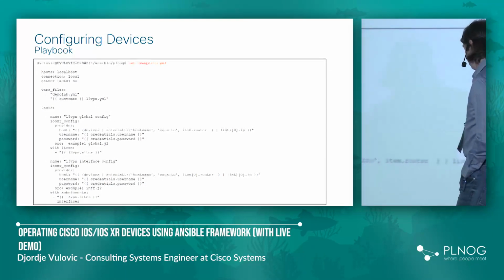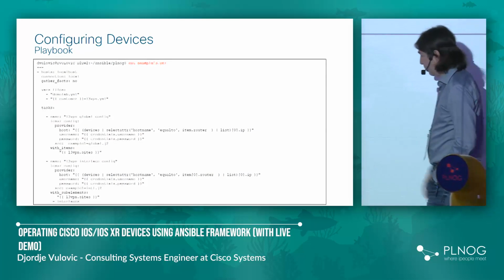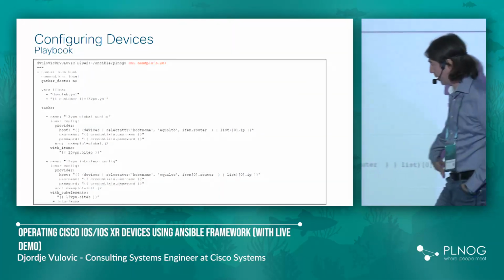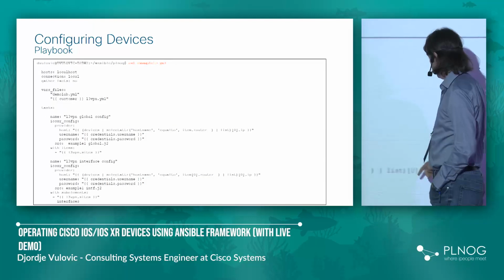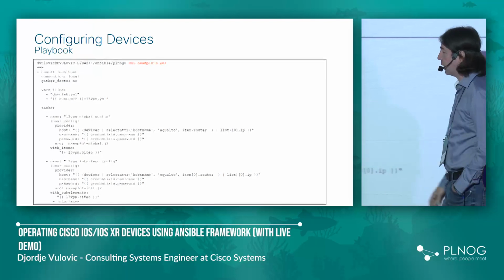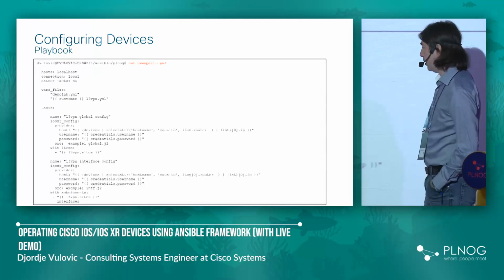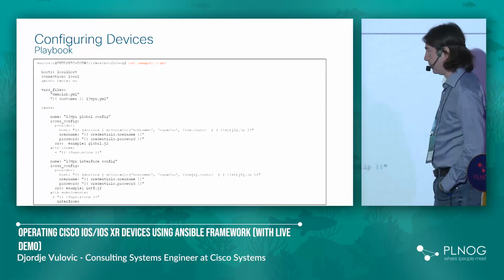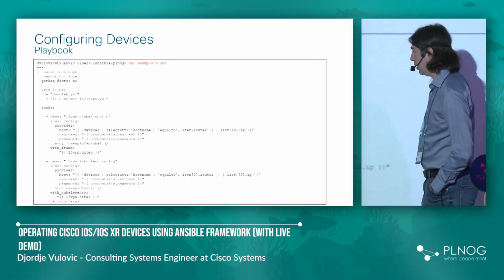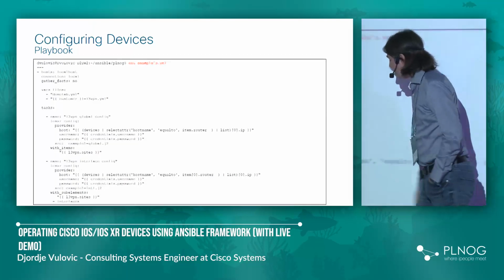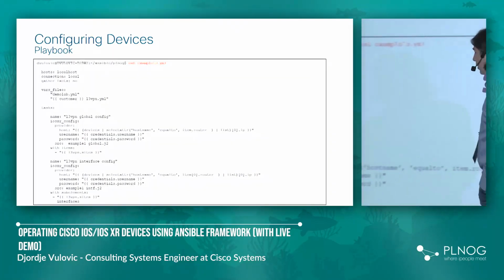And this is a little bit something hard to understand, but you can imagine that it is more or less taking the IP address out of the host name in here, and then deploys this global template.